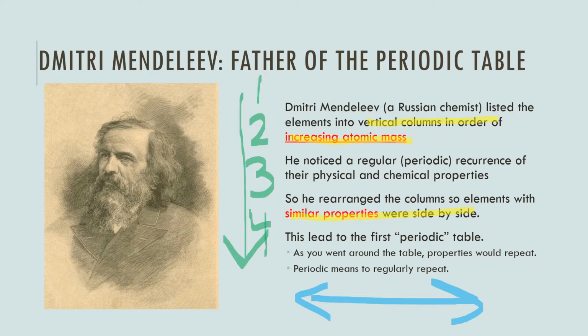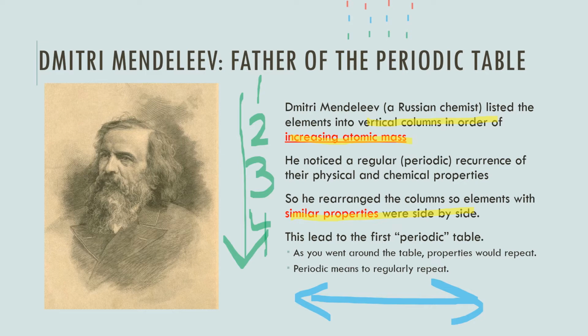So one example, and this isn't anything you'd actually see on the periodic table, would be to put everything that was blue side by side. So blue, blue, blue, blue side by side. And then the next row, everybody was all green, green, green, green. And then the next row would be red, red, red, red.